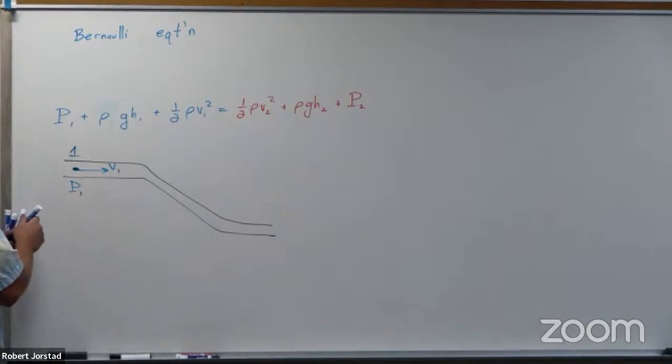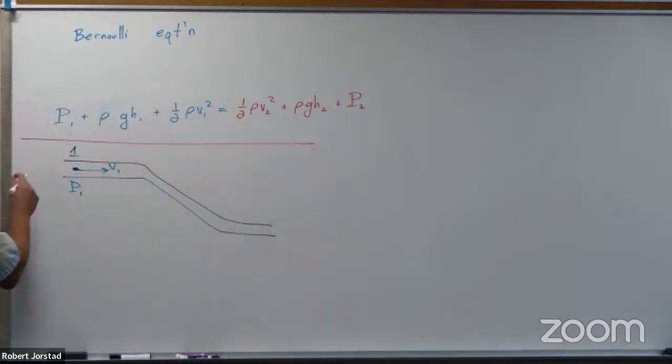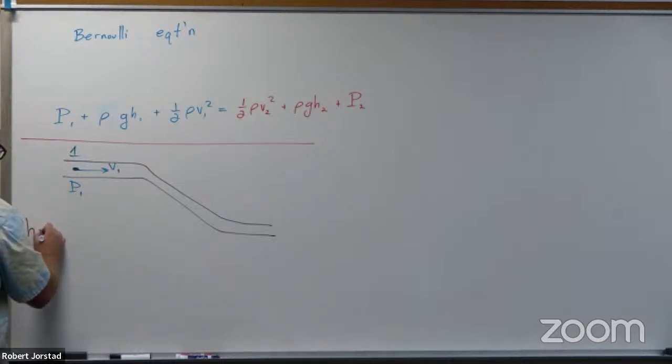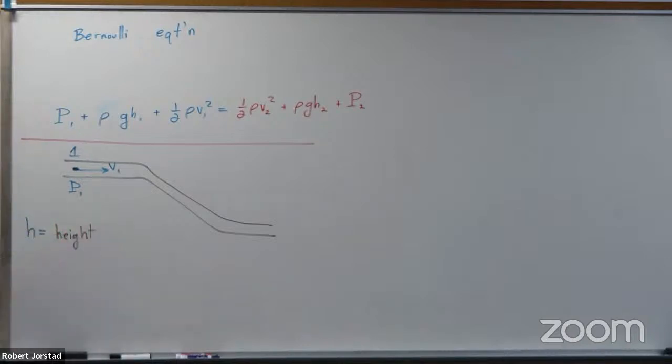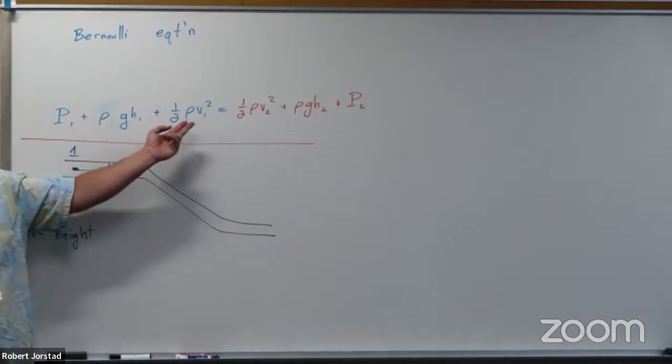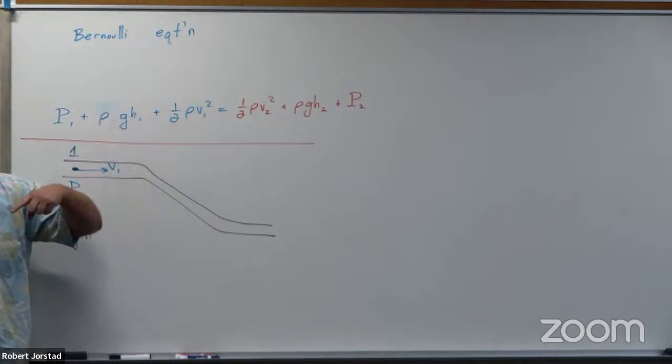And now what does H mean? H is not depth. It's the initial reference level. We're going to put a height or a reference level. Maybe you can see, doesn't this look a lot like an energy equation? This is an energy equation per unit volume.